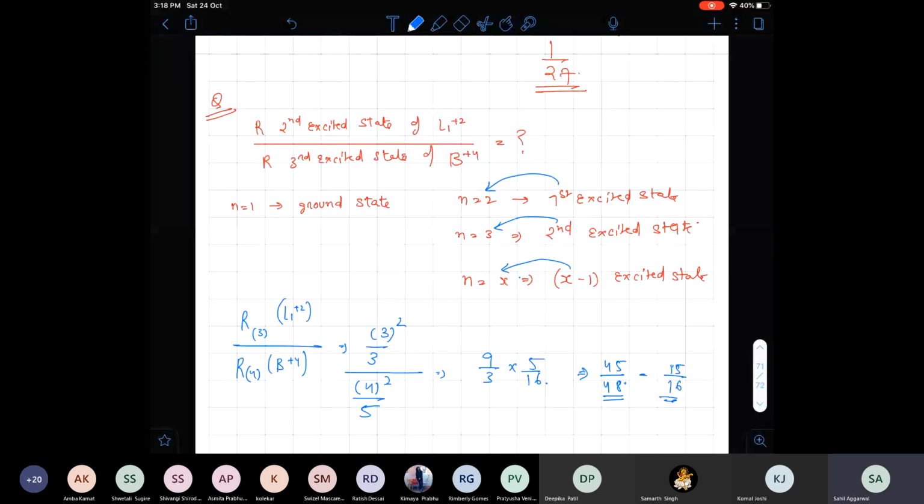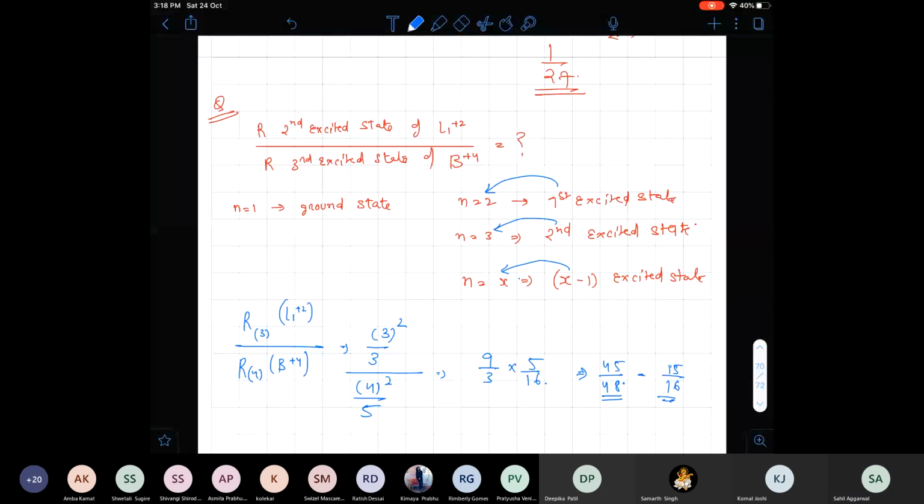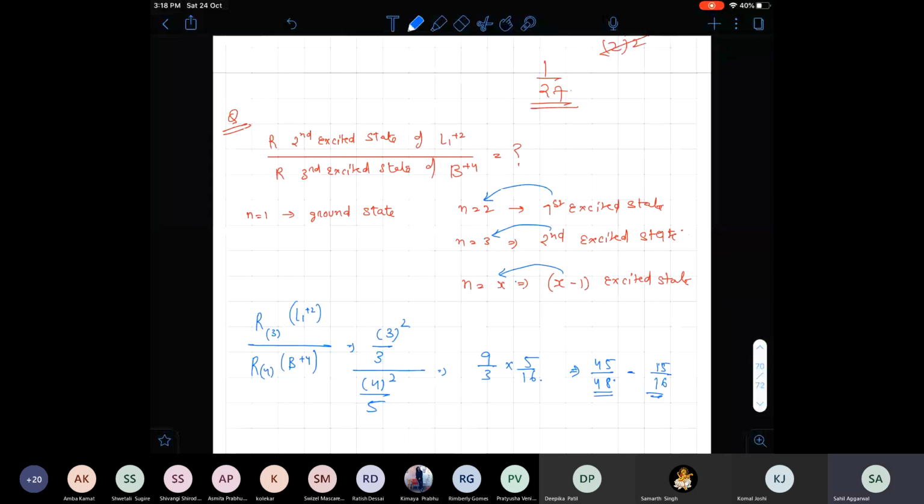15 by 16. How is it 3 by 4? N square by z.